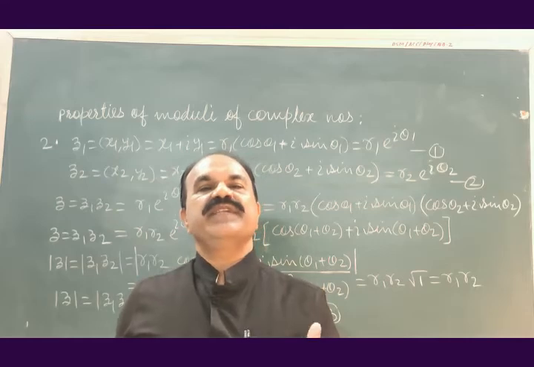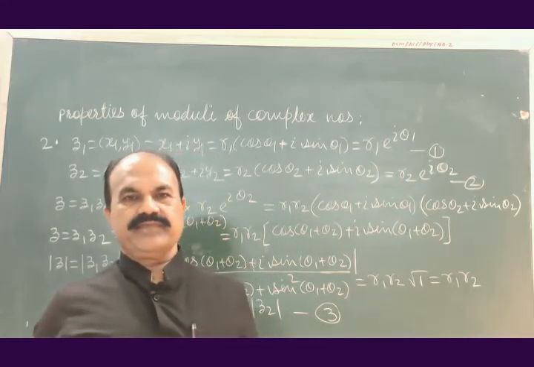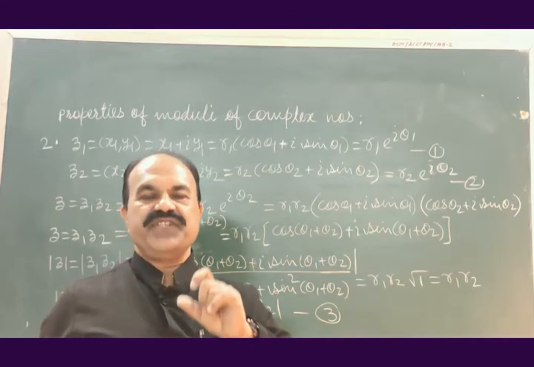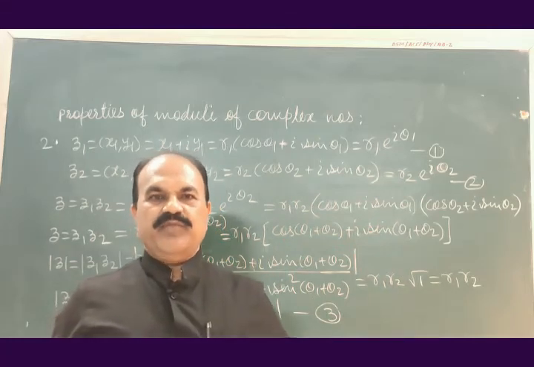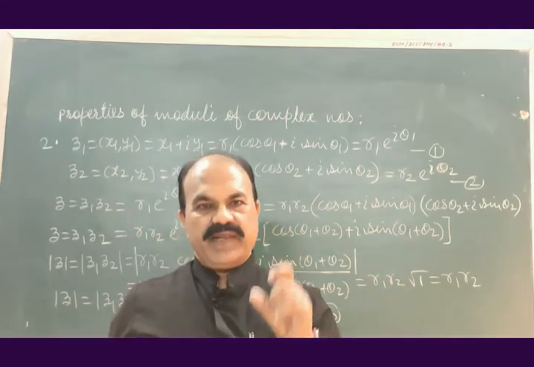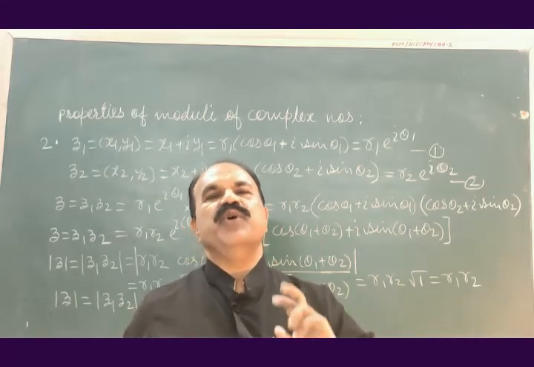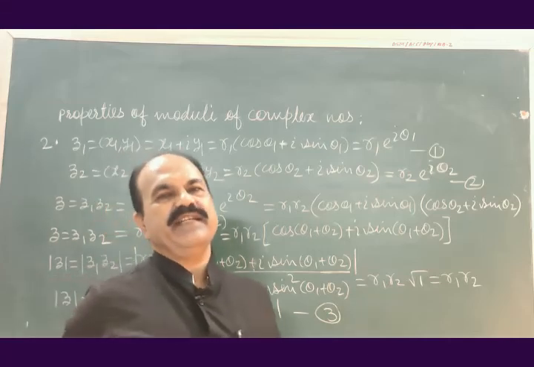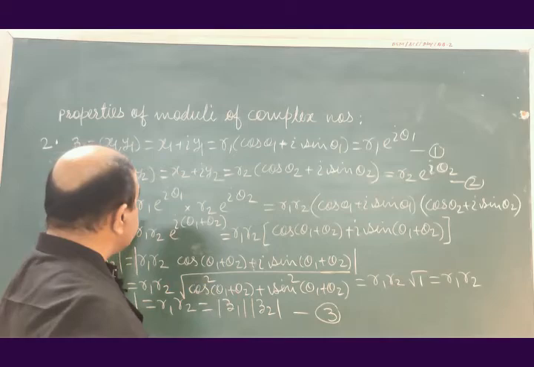The statement for the second property of modulus of complex numbers is: modulus of quotient of two complex numbers is equal to quotient of their moduli. Modulus of division of two complex numbers is equal to division of their moduli. Again, we want to verify this statement. To verify this statement, what do we do?